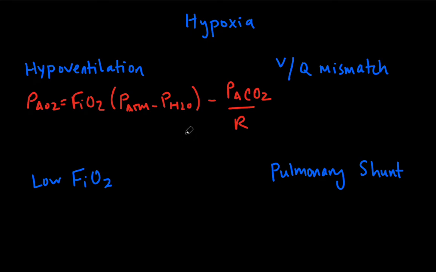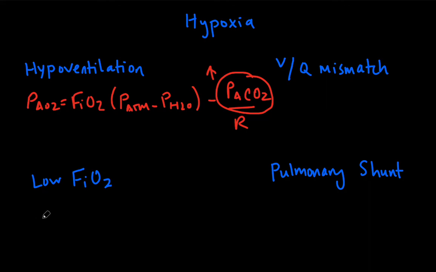So if you look at this equation, you see here that this PaCO2 value, as that goes up with hypoventilation, as your carbon dioxide increases with hypoventilation, this overall value for the PaO2 is going to decrease, which shows that as CO2 increases, your alveolar oxygen is going to decrease, which leads to hypoxia.